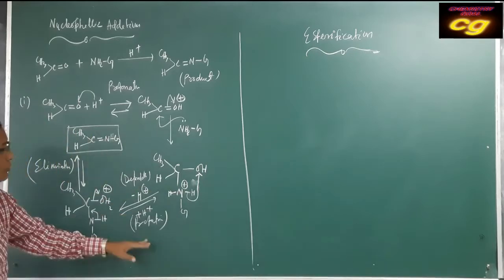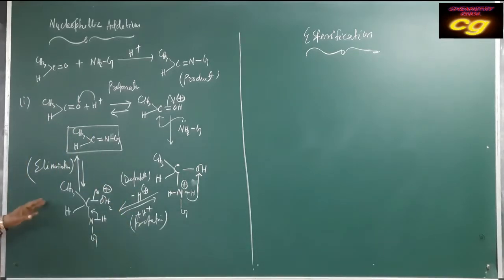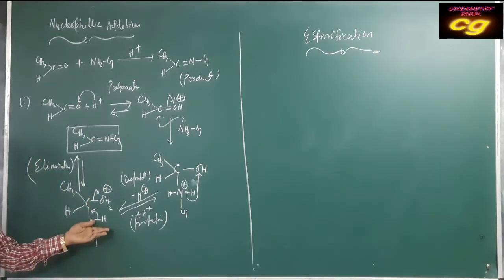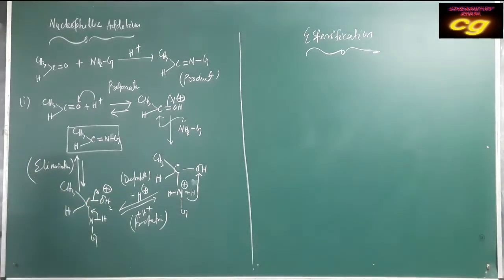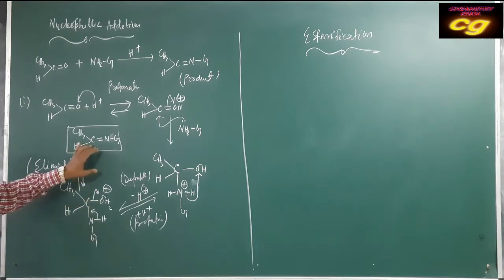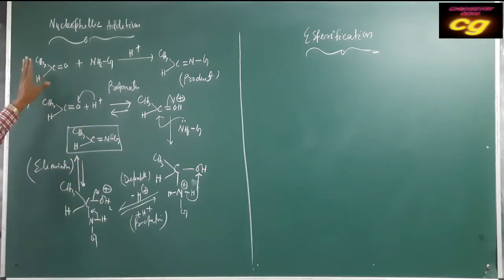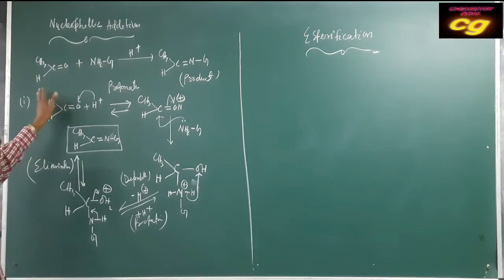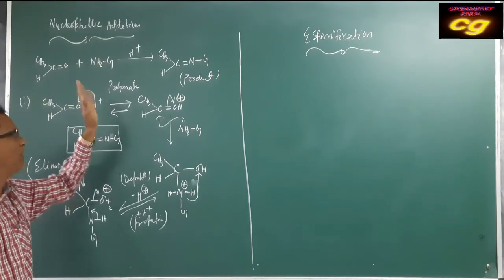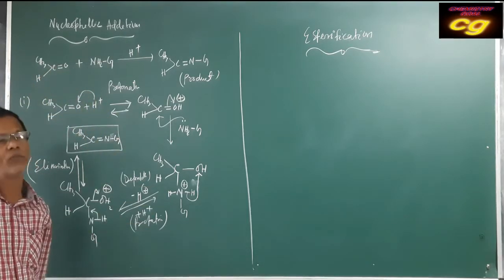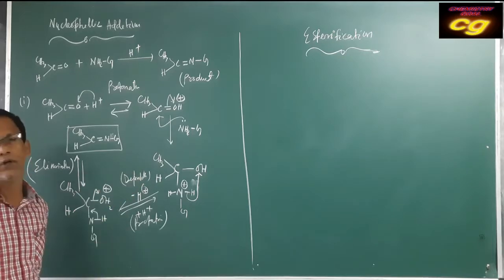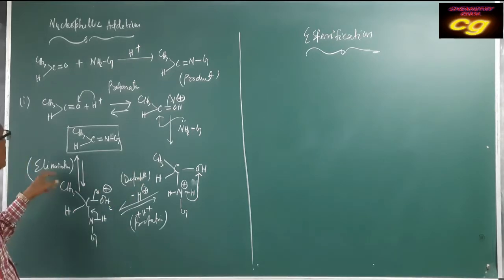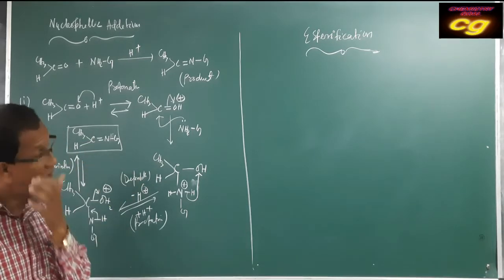Then deprotonation and dehydration, that means loss of hydrogen and loss of water, is an elimination reaction forming the product. So in nucleophilic addition reactions of aldehydes and ketones, the nucleophile attacks, then loss of molecules results in the formation of what? Alkene.